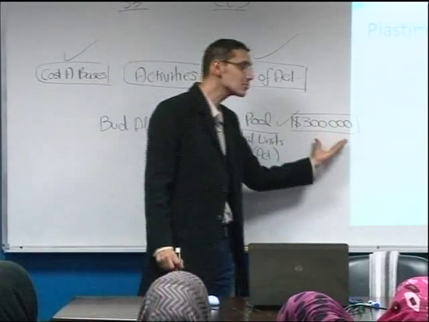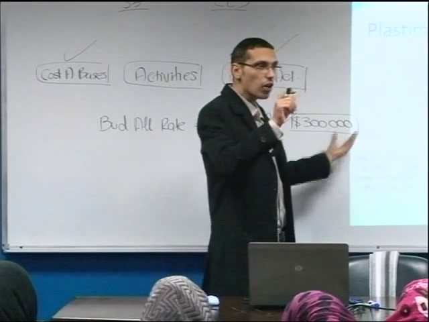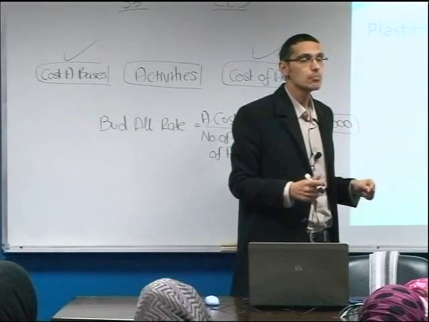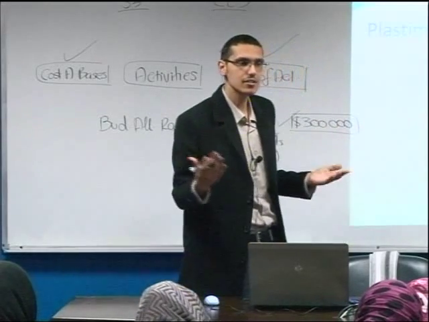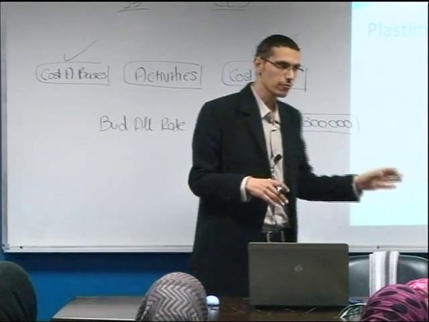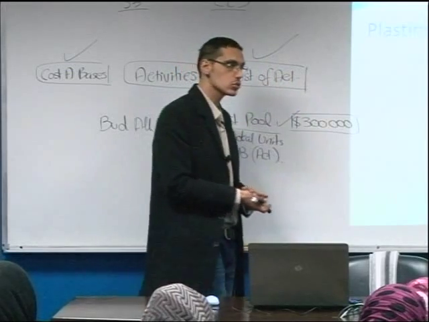Of course, the $300,000 is part of all the indirect cost that we have previously allocated using the direct manufacturing labor hours. Therefore, this is only a fraction of all the indirect costs.